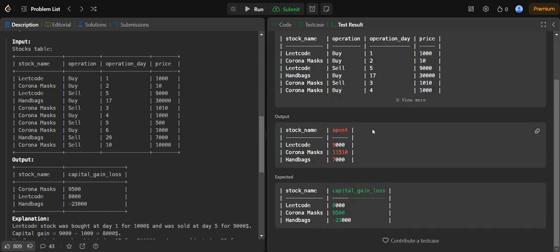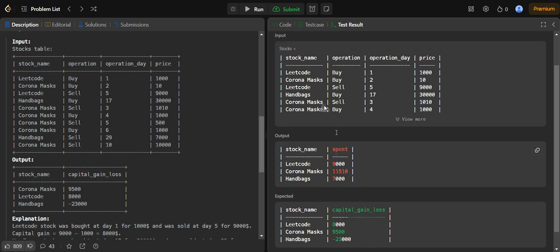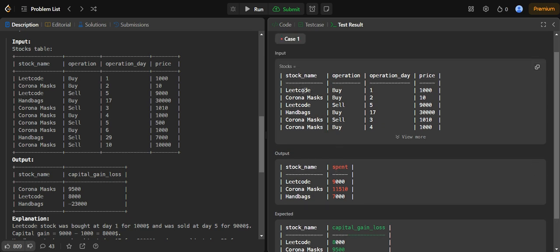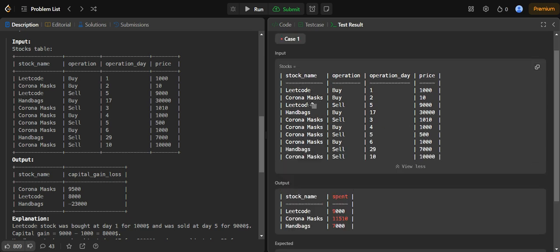Now you see Leetcode is 9000. Leetcode is sold only once, at 9000. Corona Masks sold once for 10,010, plus 500, 1510, plus 10,000, 11,510.